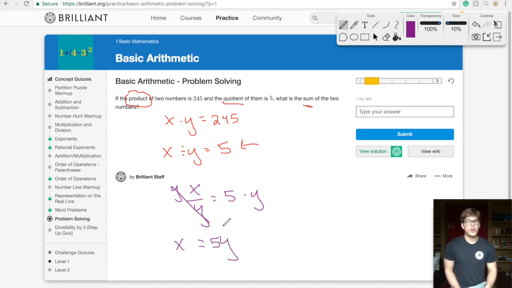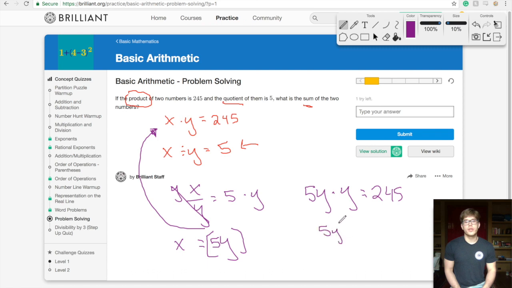So now that we know that x equals 5y, we can plug 5y into x in our first equation. So instead of x times y equals 245, we have 5y times y equals 245. 5y times y is 5y squared equals 245.